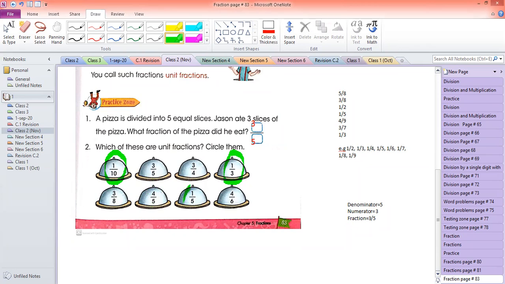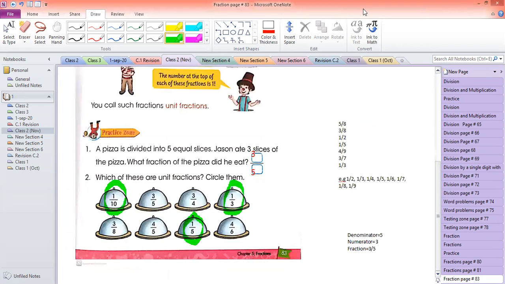But here you have 1, so this is a unit fraction. And after this, another fraction we have is 4 over 6. Here there is also no 1, so it is a non-unit fraction.